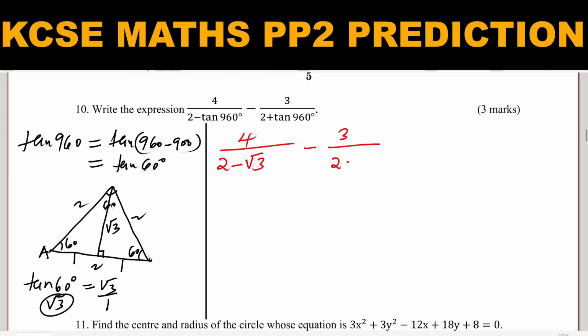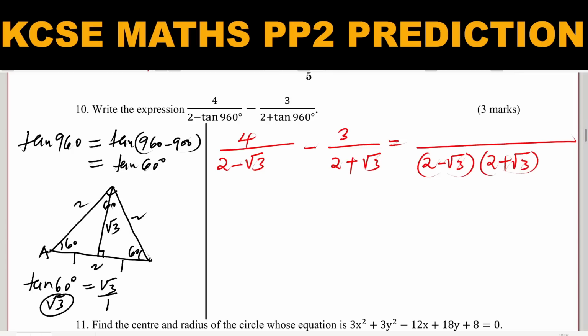Of course, we are substituting that. So this will be plus root of 3. So from there, you can use any suitable method to simplify these. So I'll proceed and get the LCM of 2 minus root 3 and 2 plus root 3. The LCM will be 2 minus root 3 in brackets, 2 plus root 3.